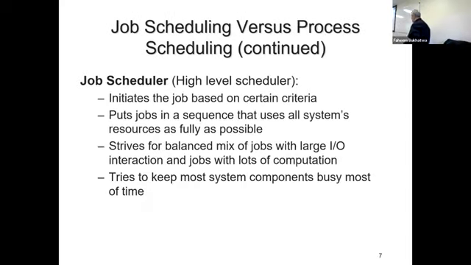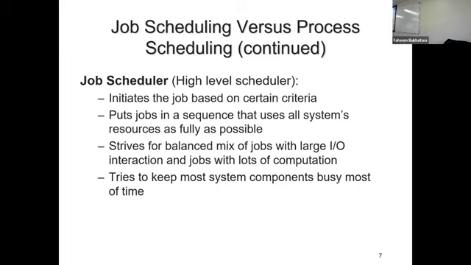What does it do? And here's what the job scheduler does. It initiates a job based on certain criteria. So it starts a job that becomes a process, but upon some criteria. And the criteria are, for example, the size of the process. It might say, sorry, we can't take you, you're too big, we don't even have memory for you. You're bigger than the memory we have. And there are other criteria.